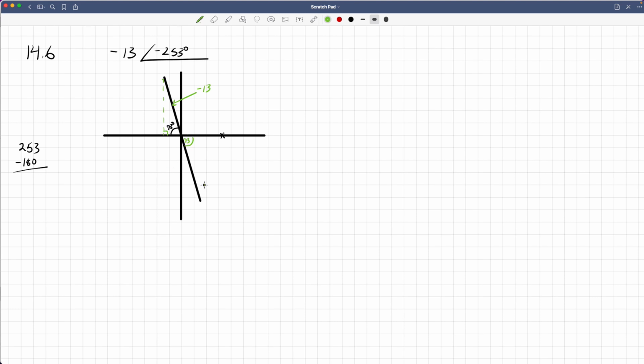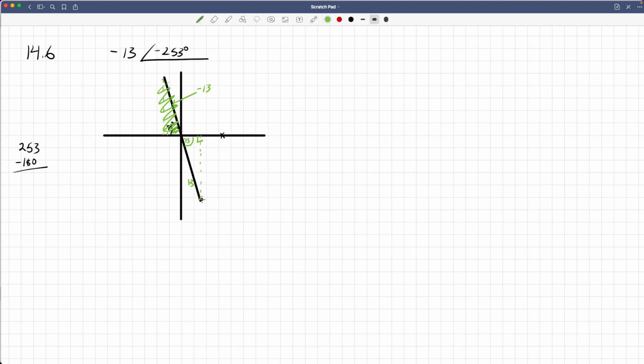And now this is 13, whatever that unit is. All right, so now I'm going to draw my right triangle up from the bottom. This one no longer matters, so I can scratch it out. We're not talking about that one anymore. We're talking about this one.